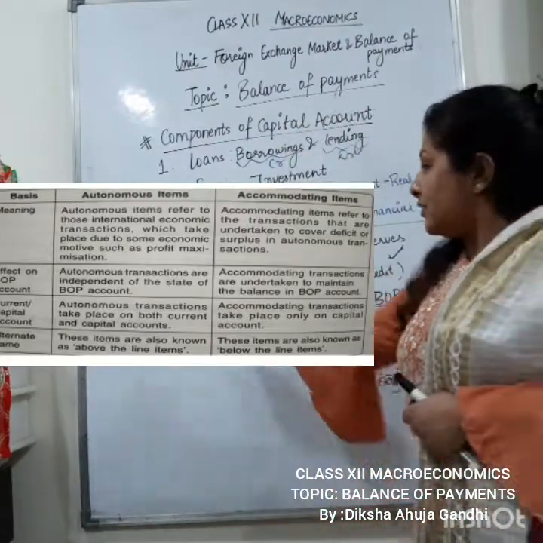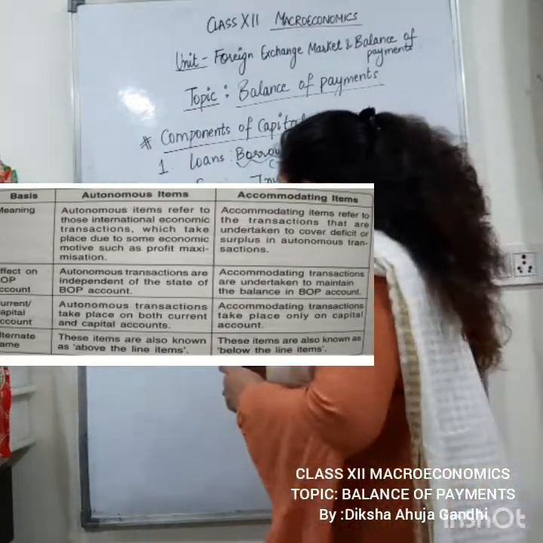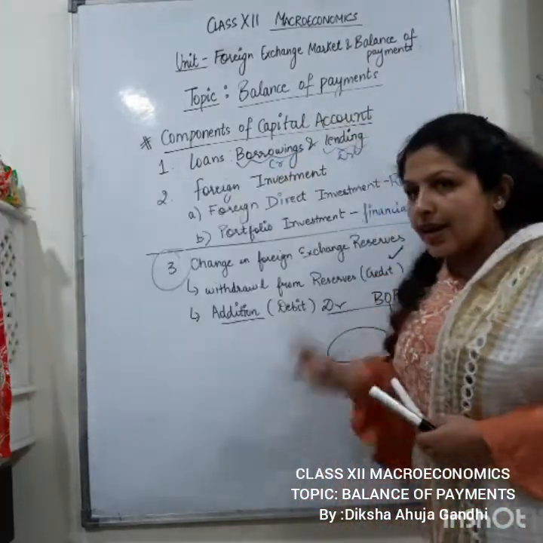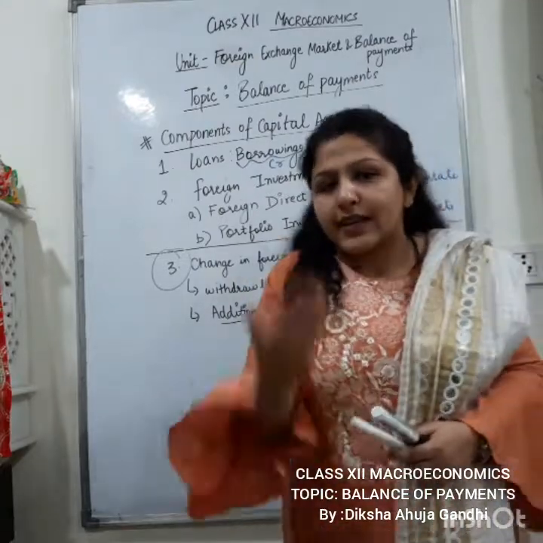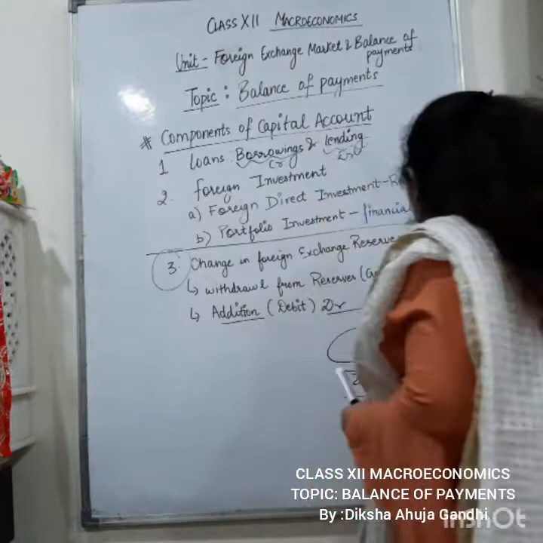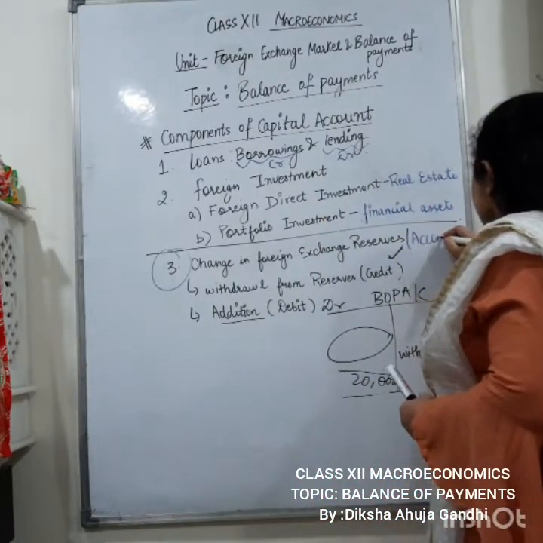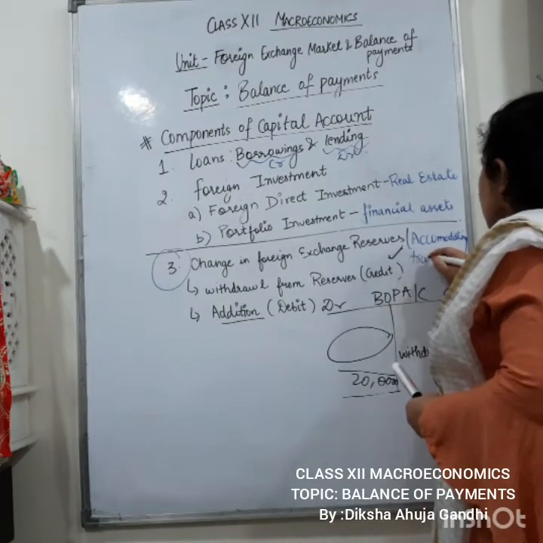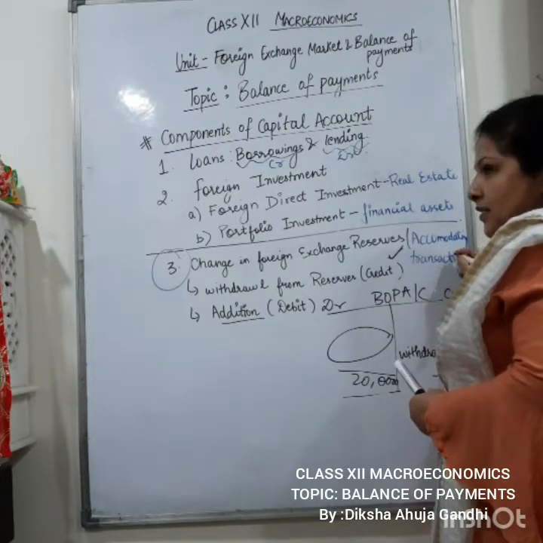On the other hand, this special transaction takes place because of financing BOP. BOP को ठीक करने के लिए, करेक्ट करने के लिए, डेफिसिट और सरप्लस को करेक्ट करने के लिए होता है ये, right? So this transaction is known as accommodating transaction.